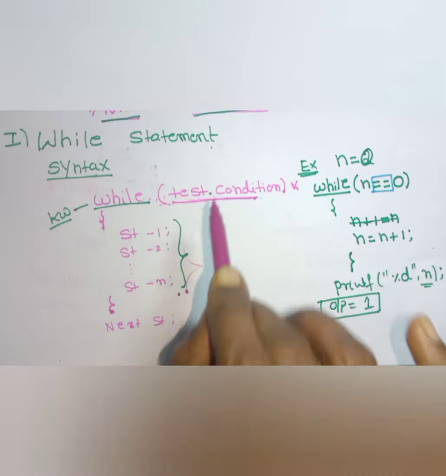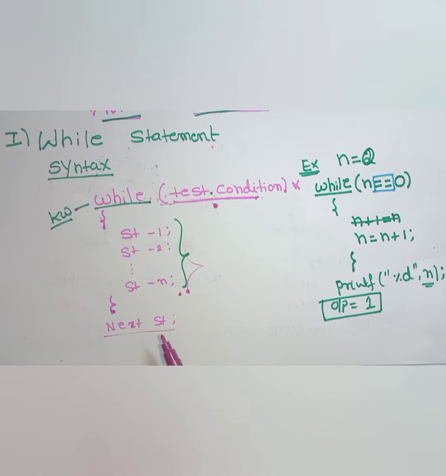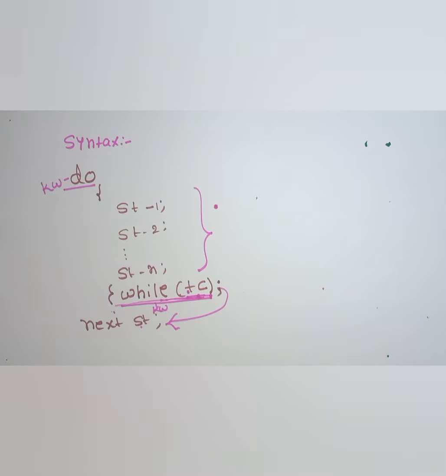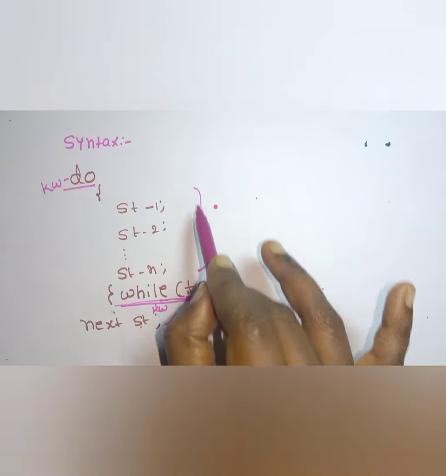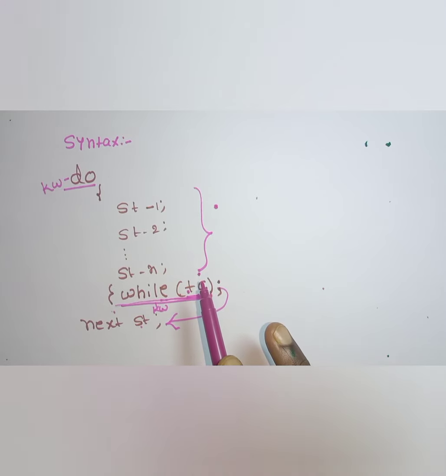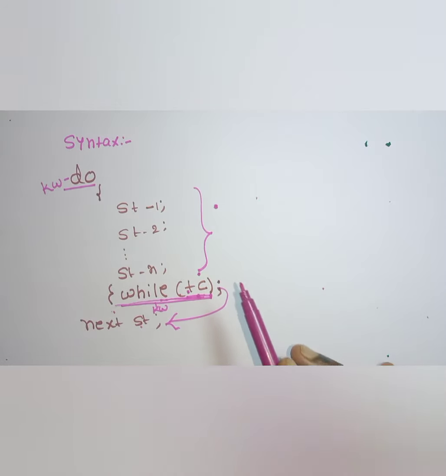If this is false, then only it executes the next statement. That is why it is called an entry test condition or entry controlled statement, and this is your exit controlled statement. Whatever may be the condition, at least once the body of the do while is going to execute. Let us write one simple program for understanding this do while statement.